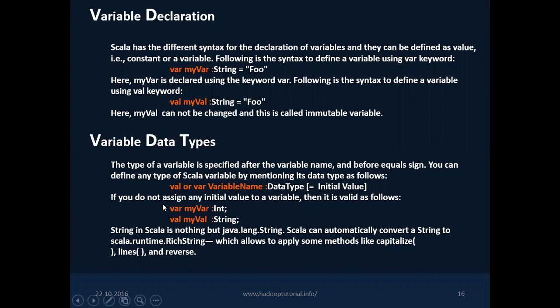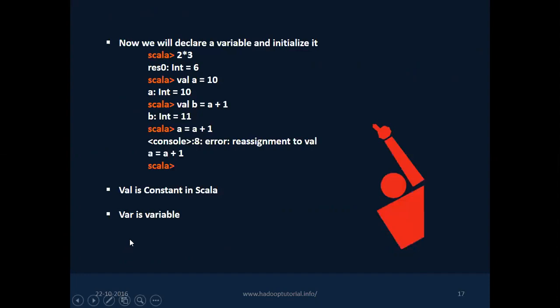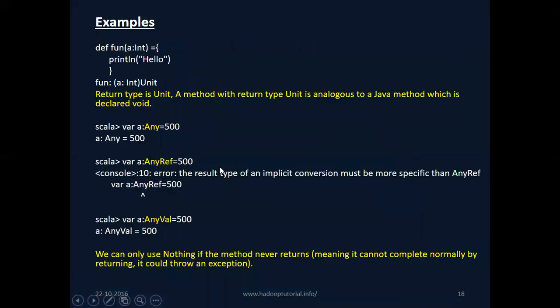And if you do not assign any initial value to a variable, then also it is valid as follows. You can try these kinds of things, practicing this. These are simple expressions, just assigning values and changing them.